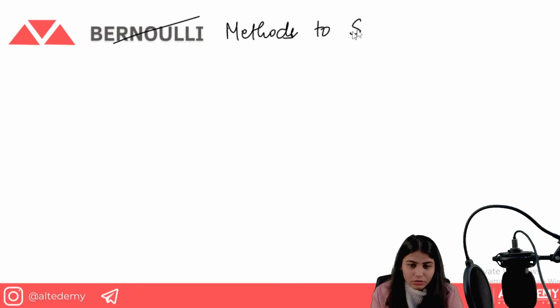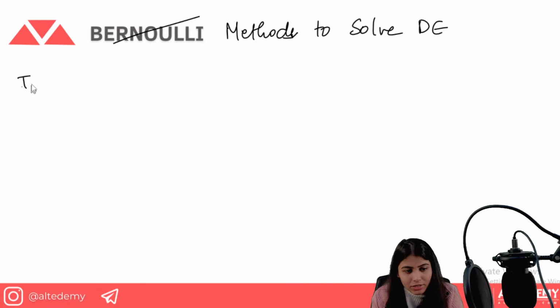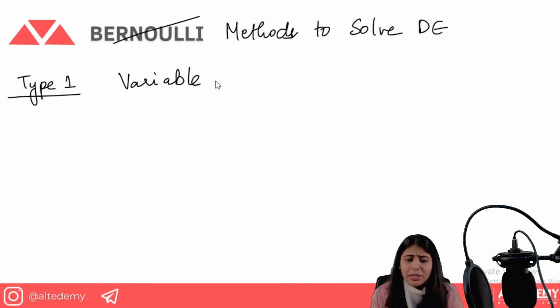So these are the methods to solve the differential equation. Type 1, the easiest one, is variable separation. This is mostly done in your boards. In variable separation, you separate the dy terms and the dx terms, and then you can integrate accordingly. So type 1 is variable separable.